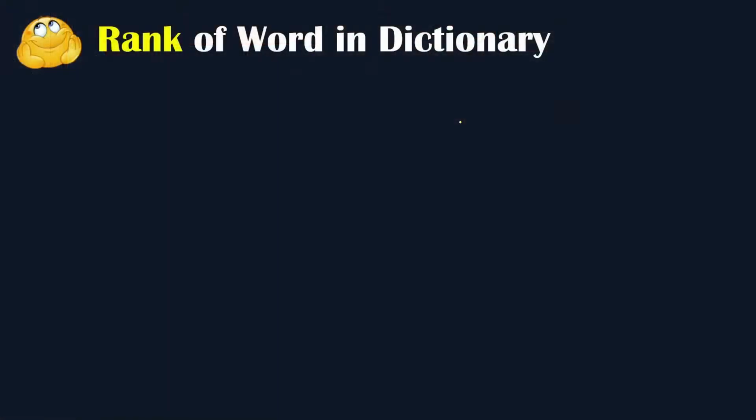Now you have understood what is the rank of a word in a dictionary? Okay. So now let me take one example. Before that, let me just write it. So what is rank? Whenever any word is given to us, you arrange all those words in all possible manner, and then you put all those words in a dictionary. We all know that in a dictionary, all the words come in alphabetical order.